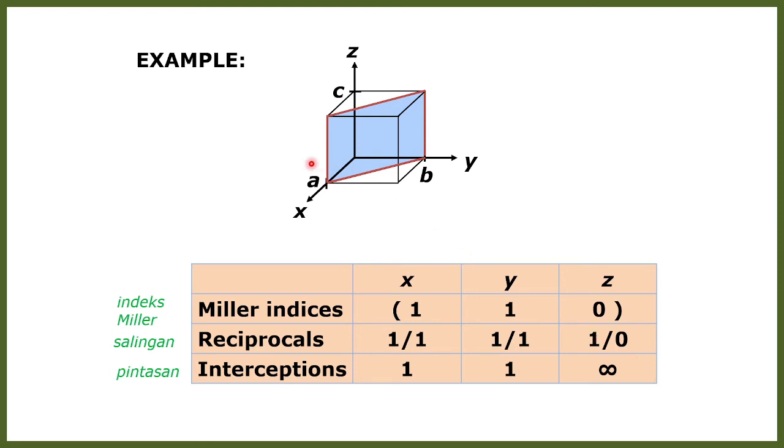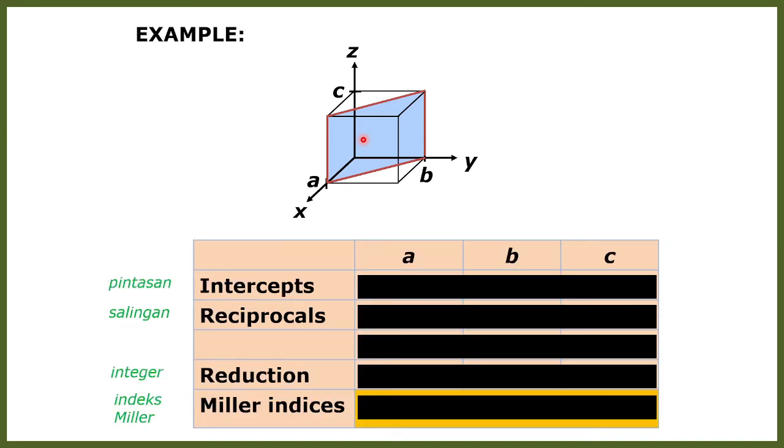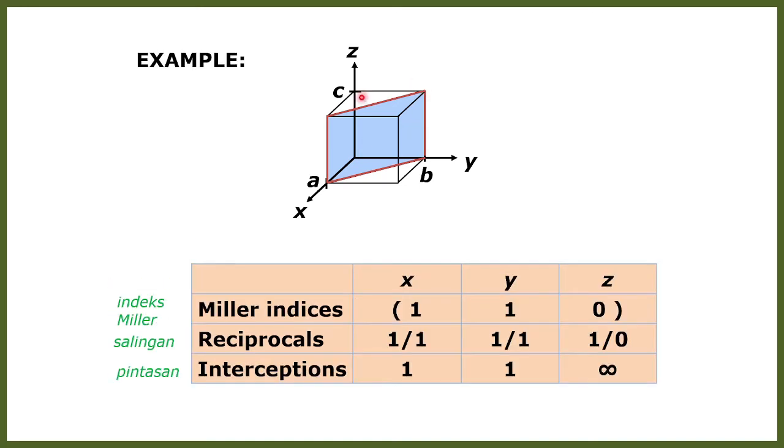So this is how the plane looks: it intercepts x at point 1 and y at point 1, and has no intercept at all in the z direction. This is the plane for the Miller index 110.